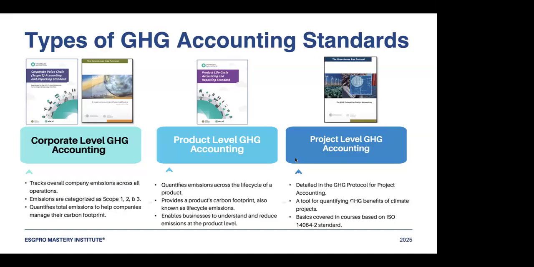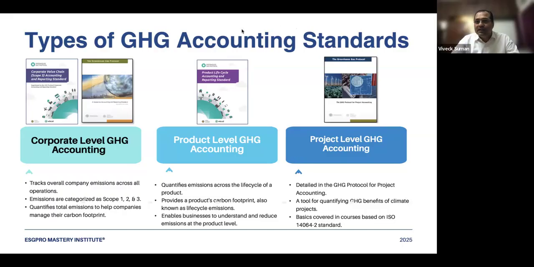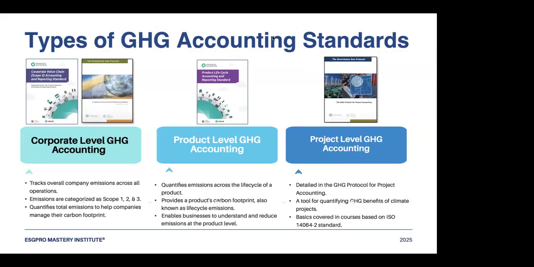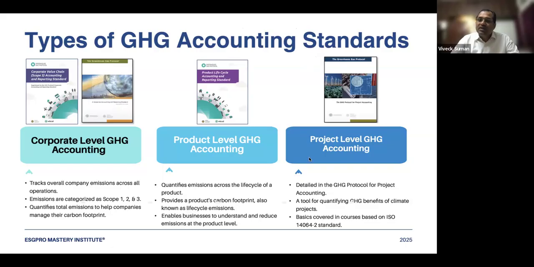The second objective is to simplify and reduce the cost of compiling an inventory. The second purpose of GHG accounting is to simplify all the calculation. I do not want a mess, complex calculation.